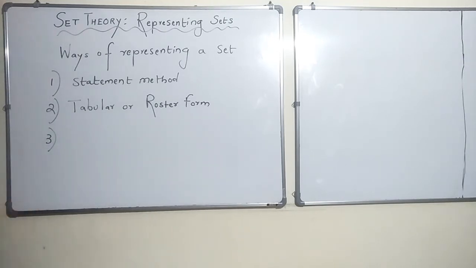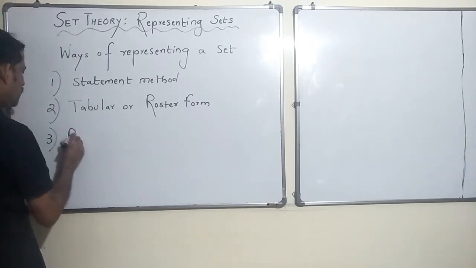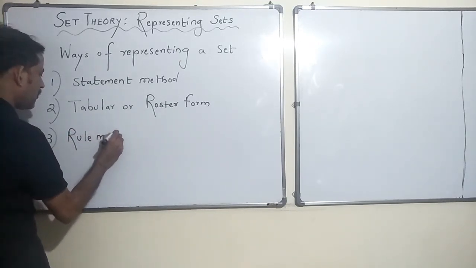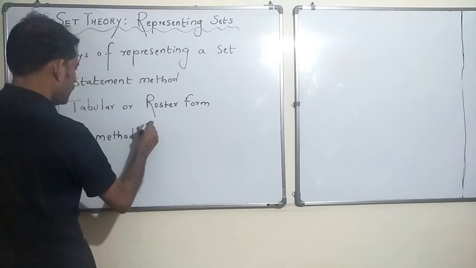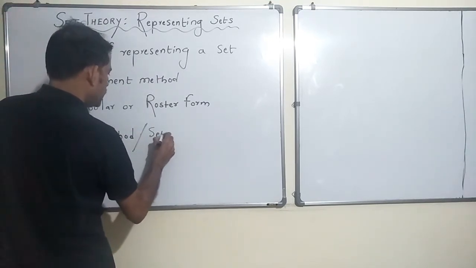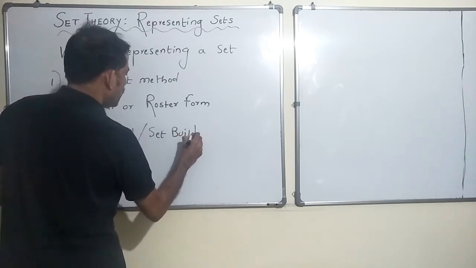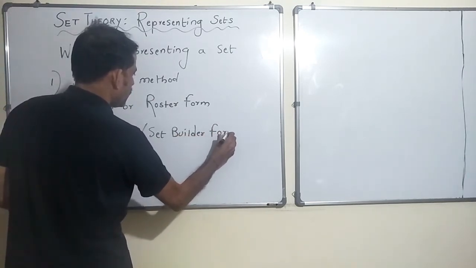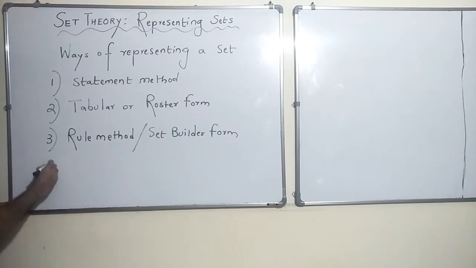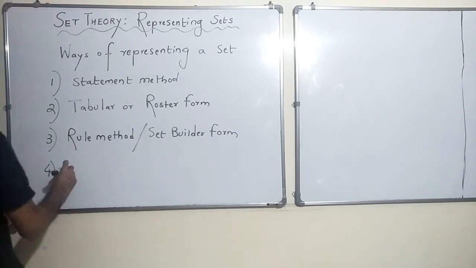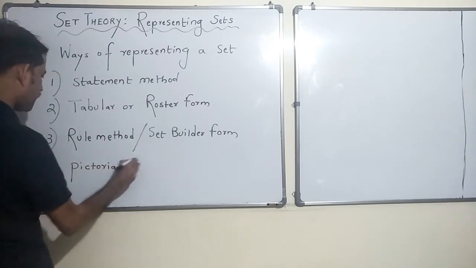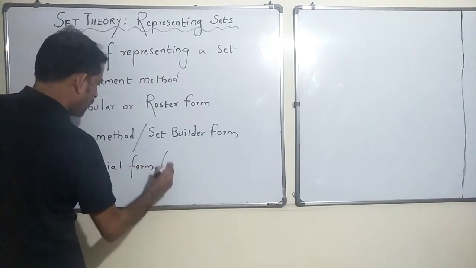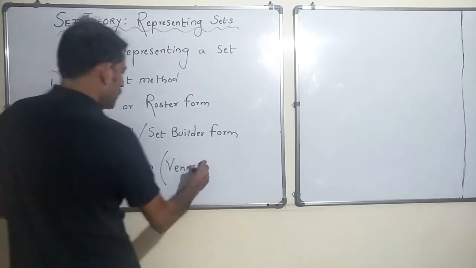the third one is rule method, also called as set builder form, and the fourth one is pictorial form or the Venn diagrams.